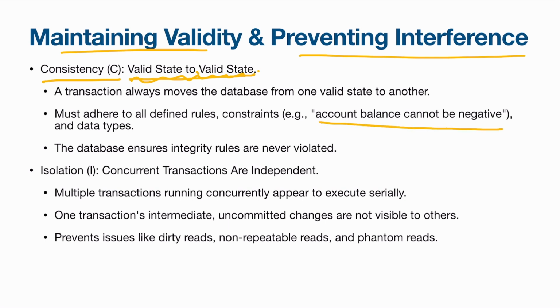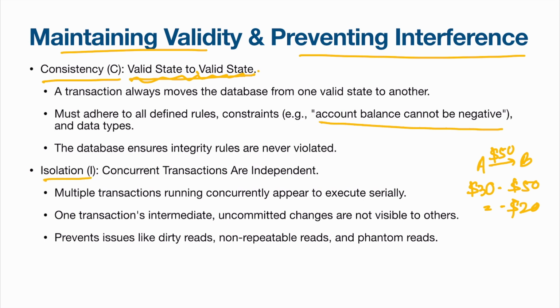So going by the previous example, let's say I want to transfer again $50 from account A to account B. In that case, if I have less than $50 in account A, let's say $30, I can't do that because the account balance would be negative. So always the database has to be in a valid state, and that is what is meant by consistency.